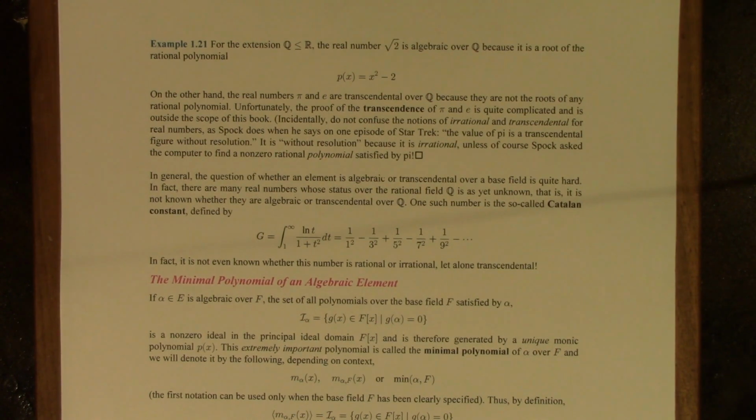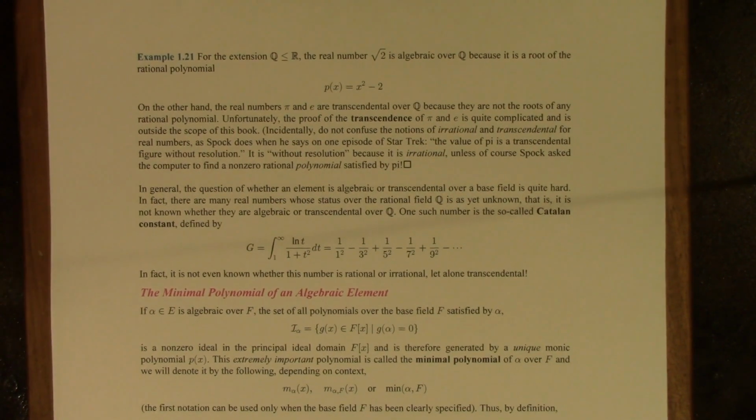Now, the proof of the transcendence of pi and e is actually quite complicated, and it's not something I can really go into in this book. It would take us too far away from our main goals. So I'll have to leave that for another time, another course, or whatnot. You can certainly look it up on the internet.